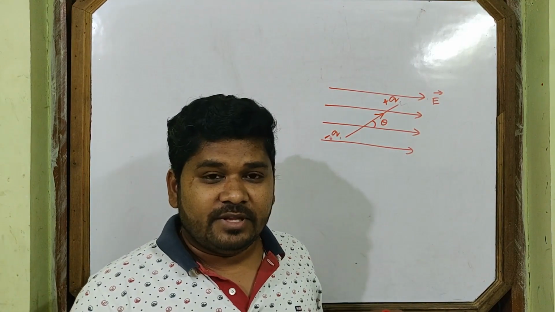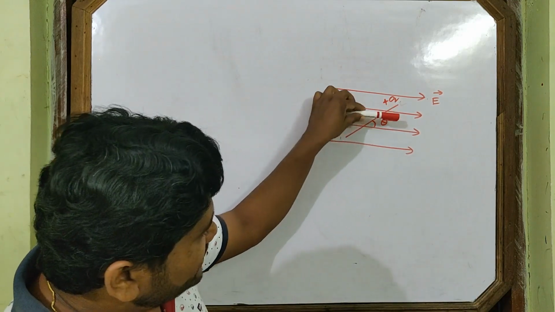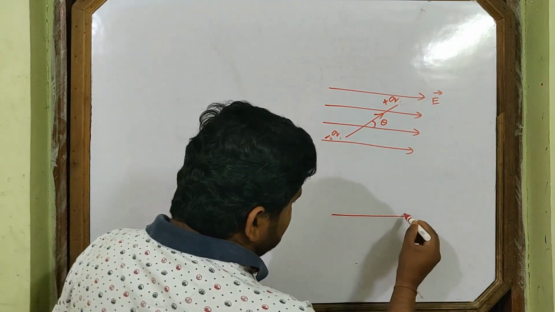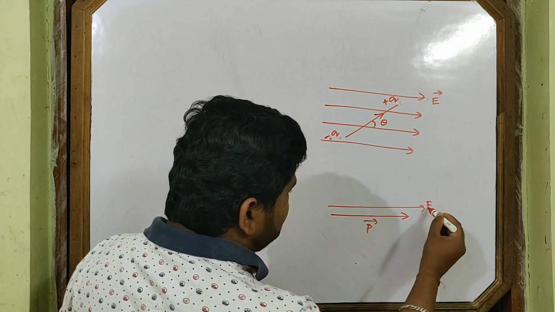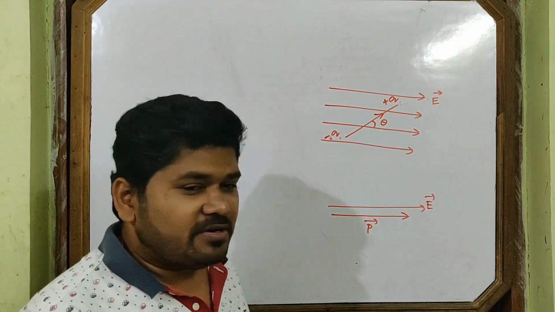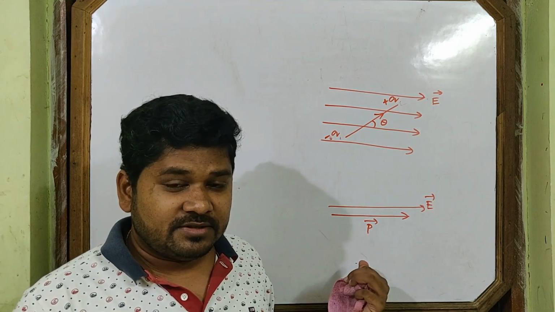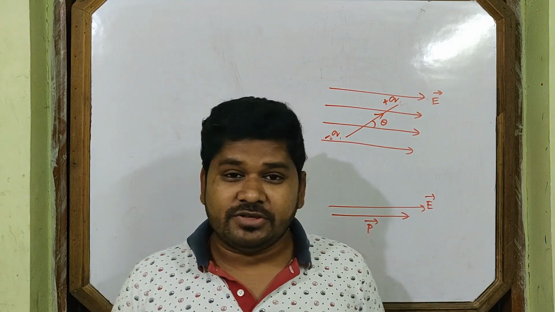No. If you leave the dipole at this position, the dipole will rotate and remain in its stable equilibrium position. This is the dipole moment, this is the electric field. This is the stable equilibrium position, you know. The dipole always remains like this, it cannot remain like that. If you leave it, it will come to the stable equilibrium position.